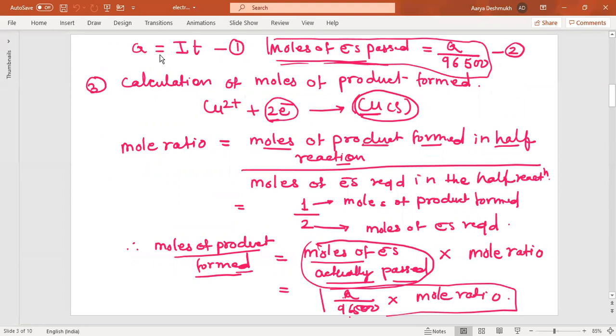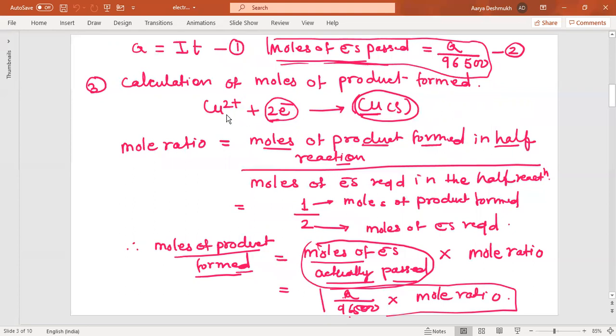Now we have these two equations with us. Q equals I into T, which is the quantity of electricity passed. Then the moles of electrons passed is Q divided by 96,500. Using these two equations, we'll proceed to the calculation of moles of the product formed.